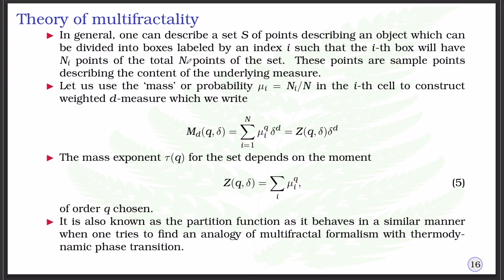Now, let us go to the theory of multifractality and how the Legendre transform is applied in it. In general, one can describe a set. Now, I need to find the multifractal measure for the set S. Describe a set of points describing an object which can be divided into boxes labeled by an index i, such that the ith box has ni points of the total n points of the set.